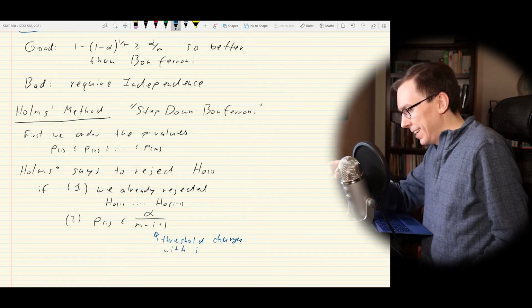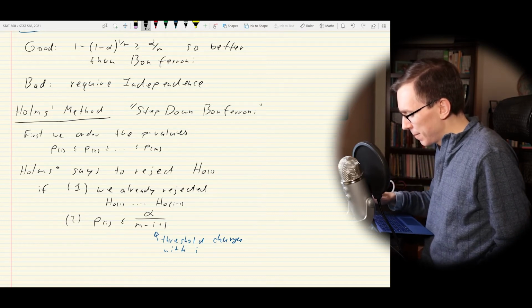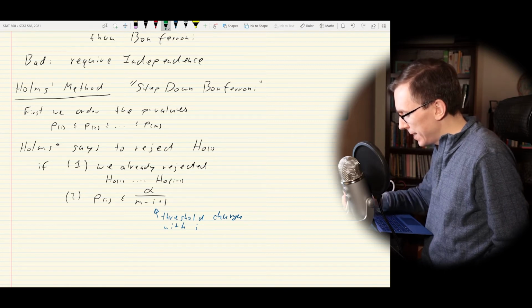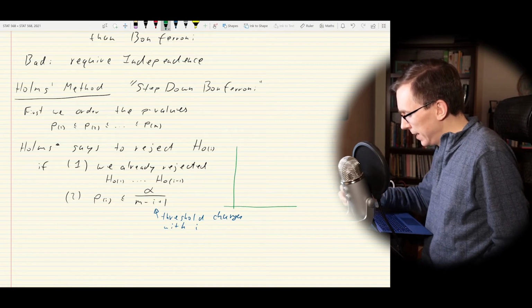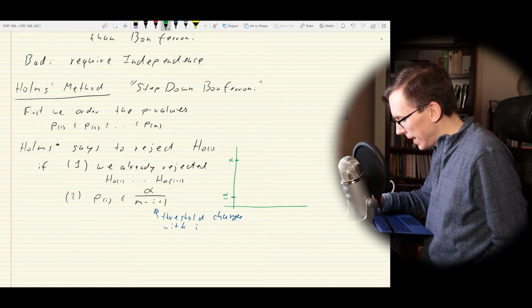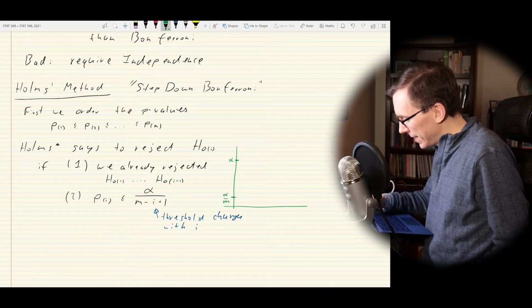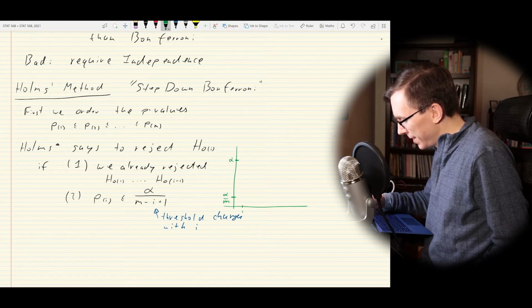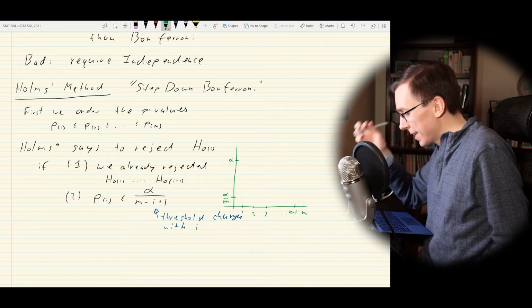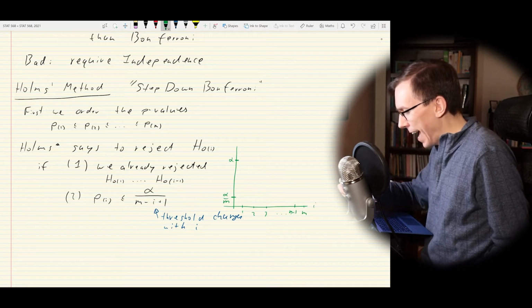What that means, and you can actually plot this out if you want, is that, let's say we have alpha, and down here we have alpha over m. And here, we have 1, 2, 3, all the way up to m. Maybe we'll do an m minus 1 here, because it'll explain what's going on. And this is the i-axis.